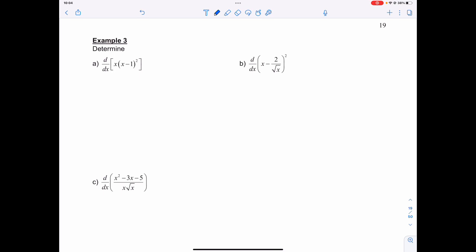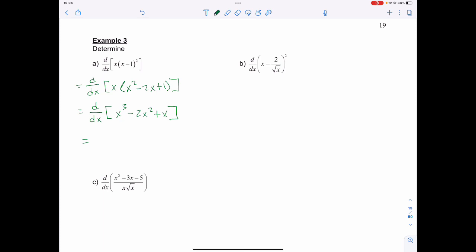If I'm determining the differentiation of x times (x minus 1) squared, the first thing that I'm going to do is expand it out. So d over dx of x times x squared minus 2x plus 1, which is also going to be the same as d over dx of x cubed minus 2x squared plus x.